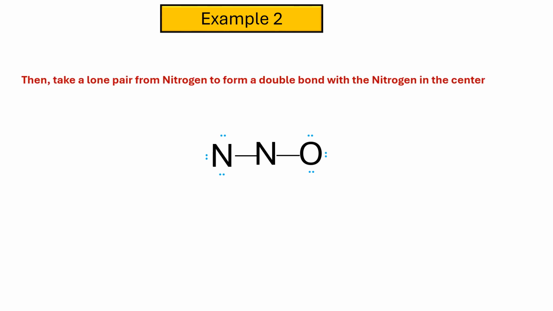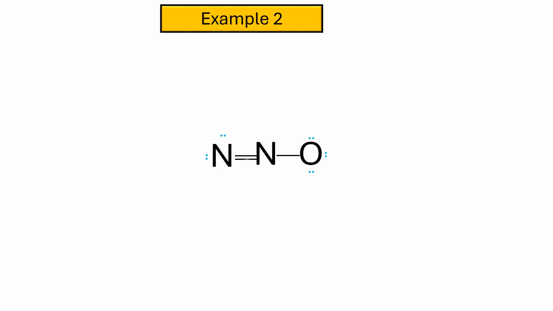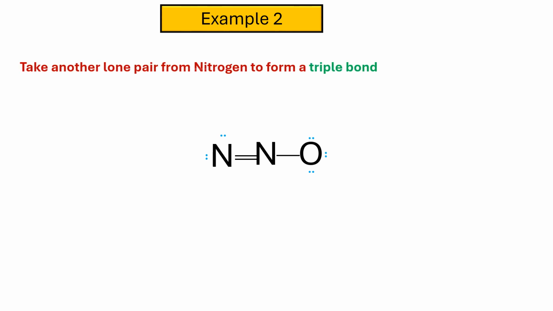So we're going to take lone pair electrons from the other nitrogen to form a double bond with the nitrogen in the middle. We take 2 electrons from this double bond, and we take 2 more electrons from the nitrogen again to form a triple bond.